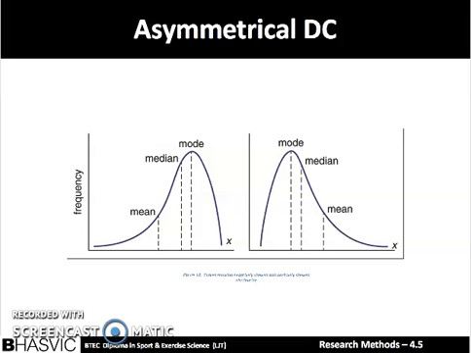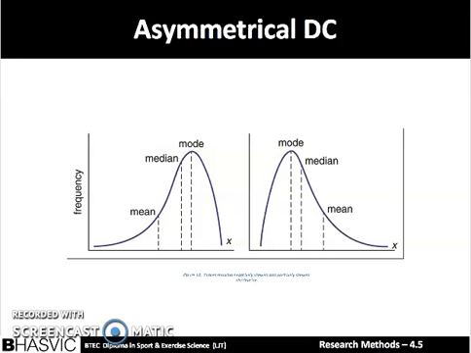This could potentially be due to outliers, which on figure 18 you can see as the cross or X. But it basically is where the mean, median, and mode are not of the same value.